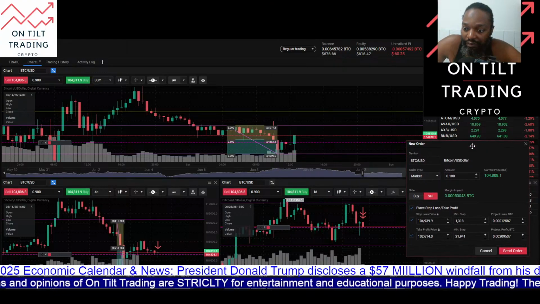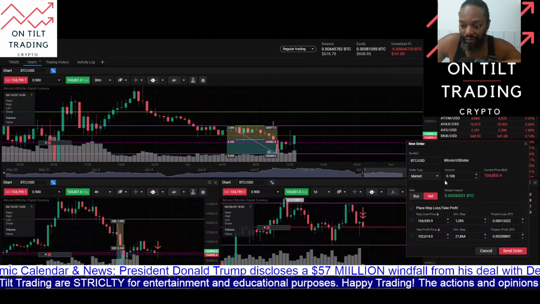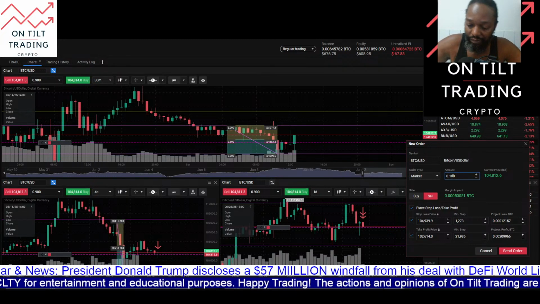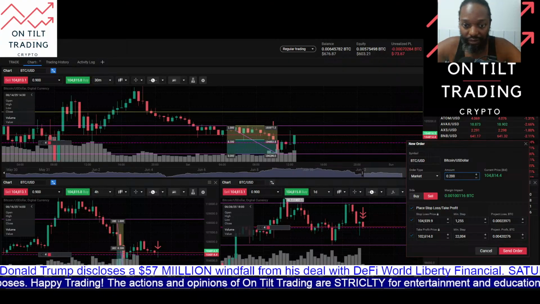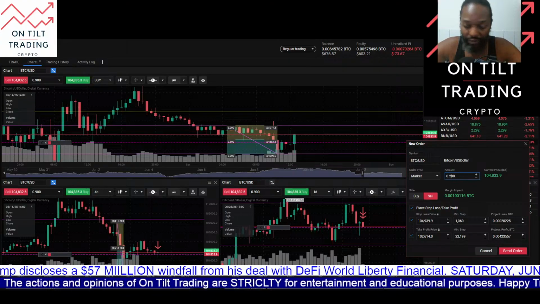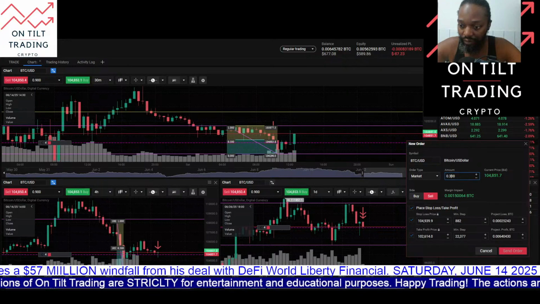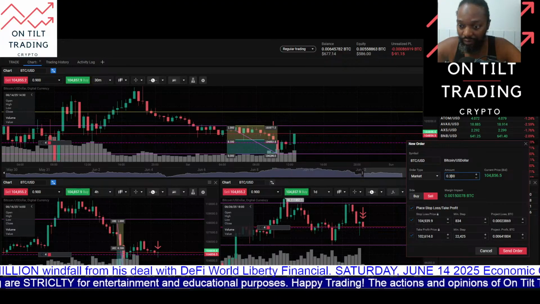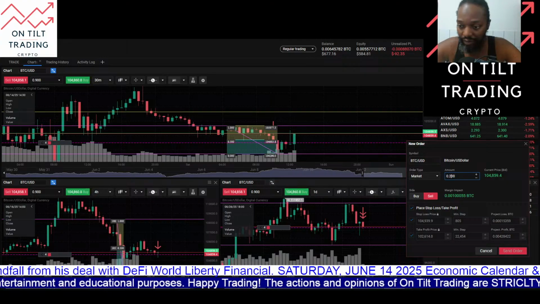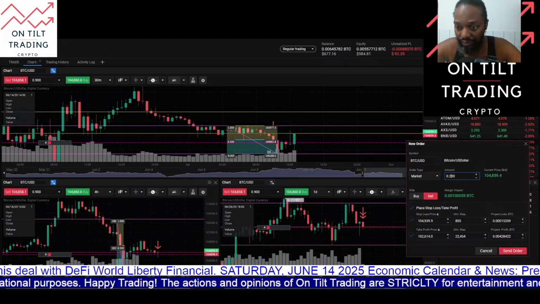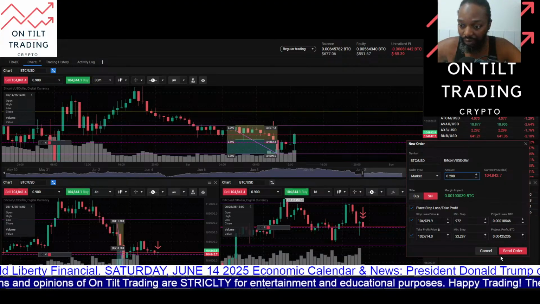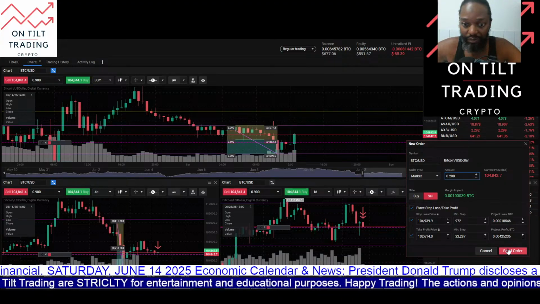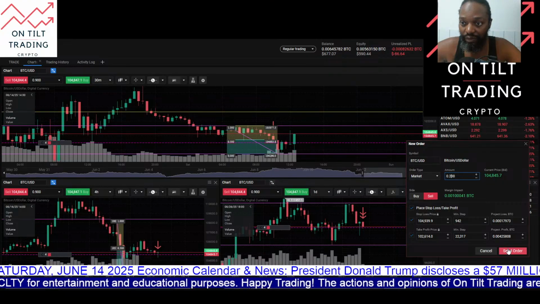All right, less than a minute here before we get a candle close. See if I can get a position. 100 on margin. Let's see if we can get this position.